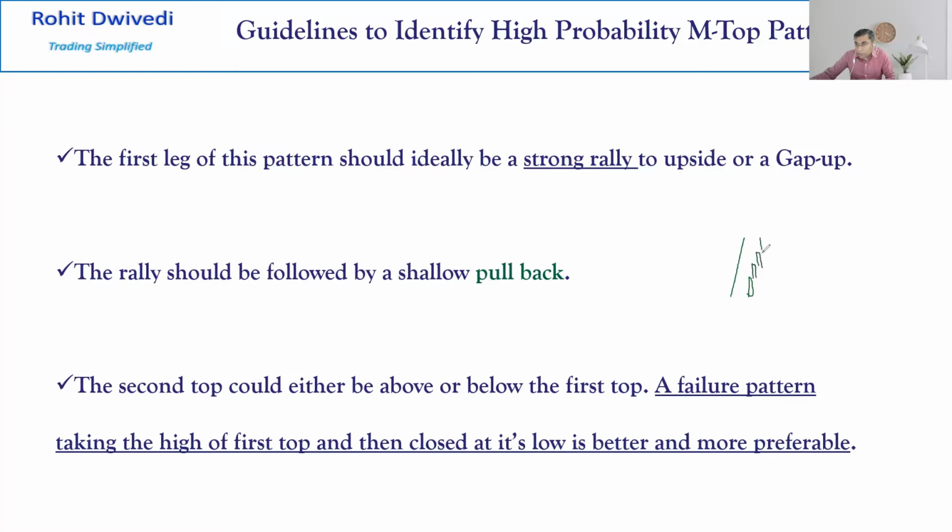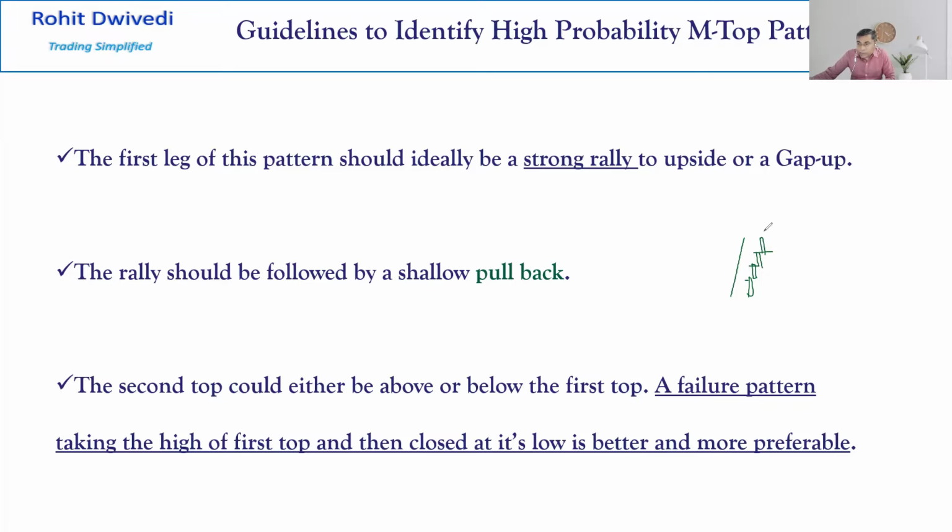I hope that you can adjust with my drawing. So a straight move or a momentum move to the upside simply means that the close of this bar is near the open of the second bar, which is near the close of the first bar, and likewise it will move in the upside direction.